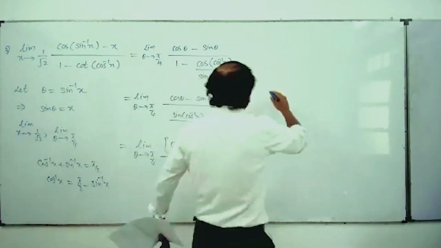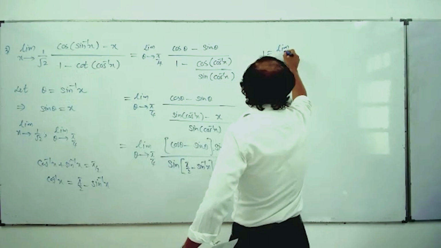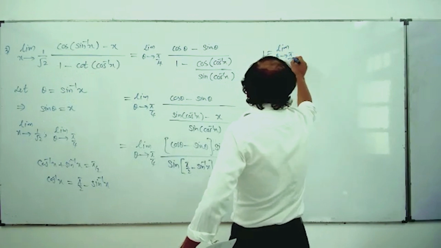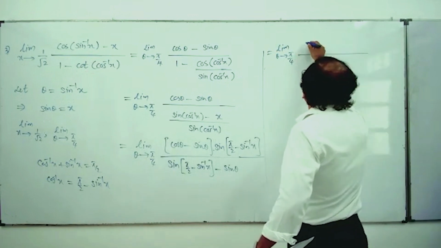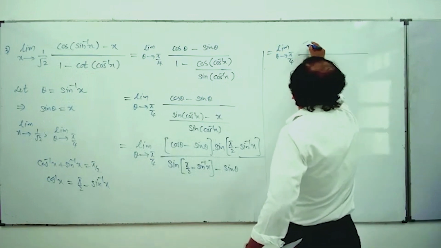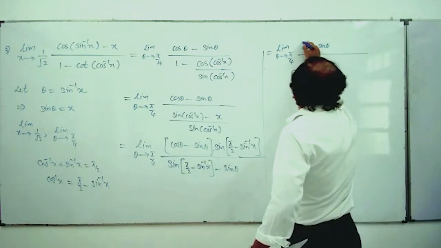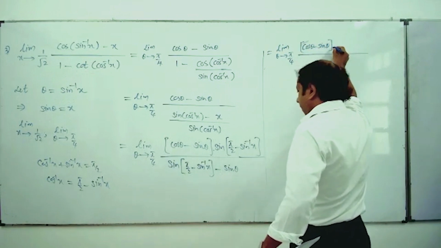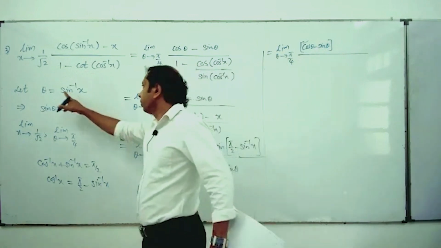Now you can write limit theta going to pi by 4, cos theta minus sin theta. Here sin inverse x is theta.